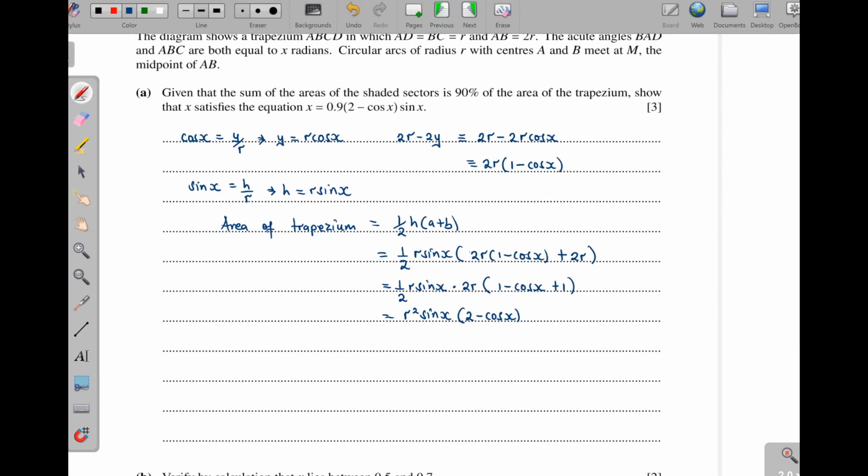Then they said that 90% of the area of trapezium is equal to the sum of areas of the shaded sectors, let me just say sum of shaded sector areas.